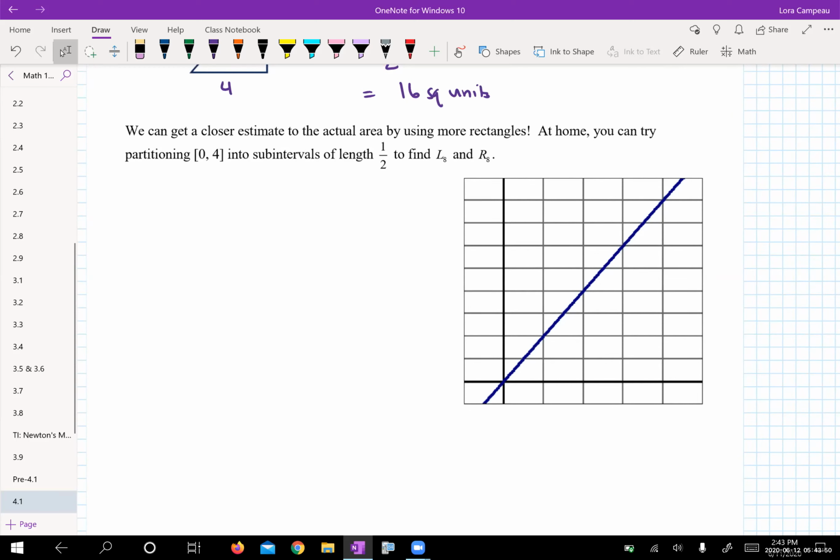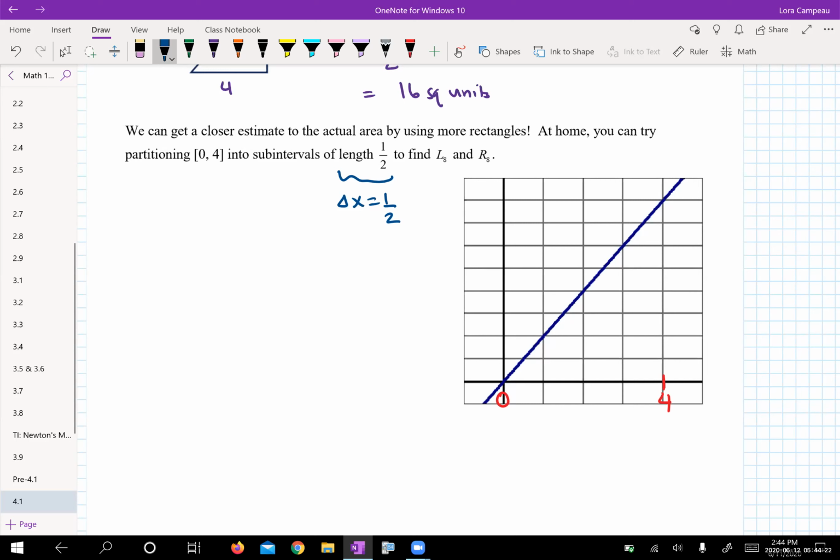If we break up, again, the interval from 0 to 4, not into sub-intervals of length 1, but this time sub-intervals of length 1/2, and then find L8 and R8, what you are now doing is breaking it up into 8 rectangles.